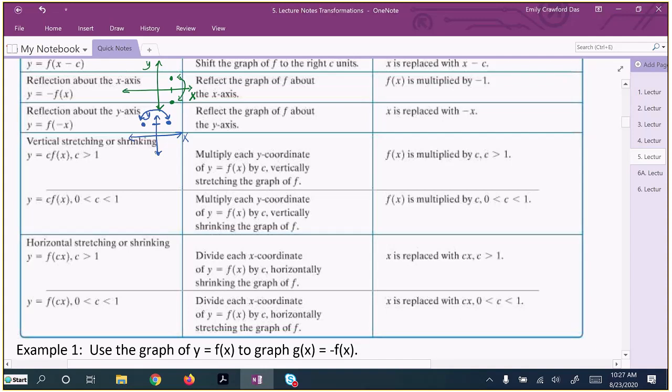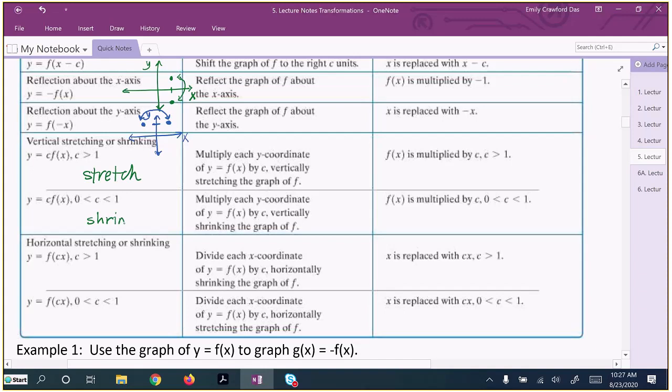If the c is greater than 1, then that's going to be a vertical stretch. If the c is between 0 and 1, so it's some fraction or decimal like 1/2 or 1/4 or 2/3, then that's going to be a vertical shrink.